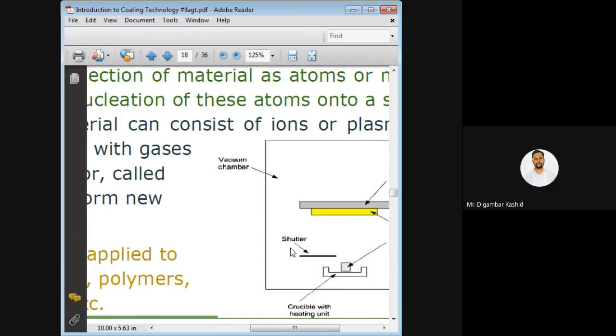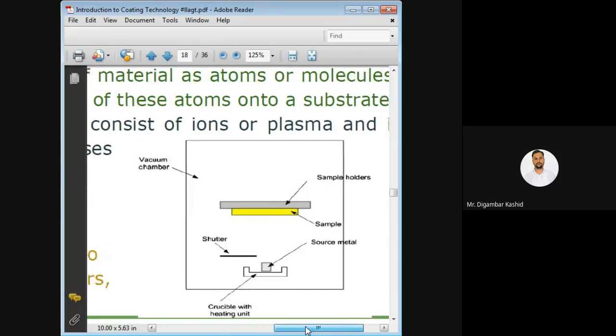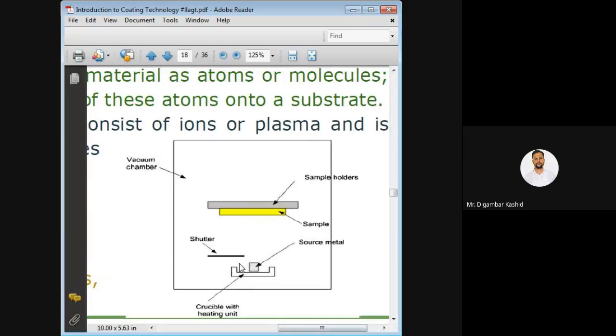So from this line, we have the source metal, meaning our base metal, and we have to etch it by means of laser, electron beam, current, or thermal energy, and that releases some kind of atom, molecule, or plasma material.